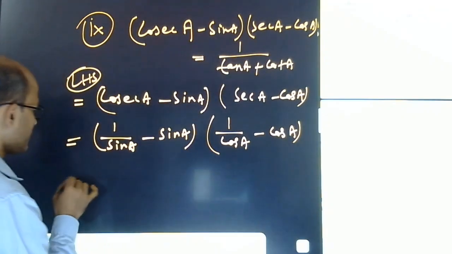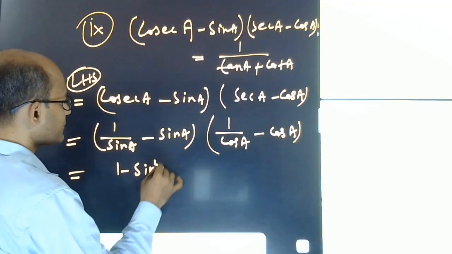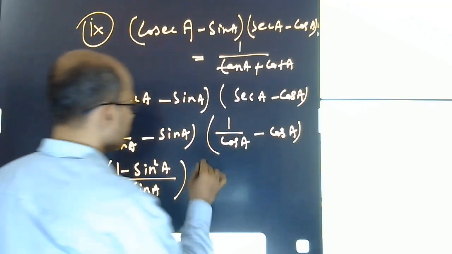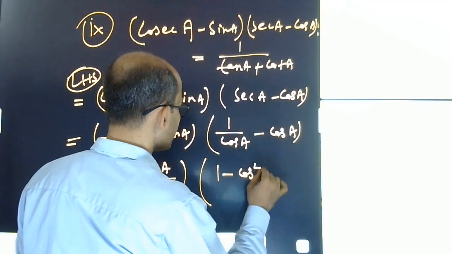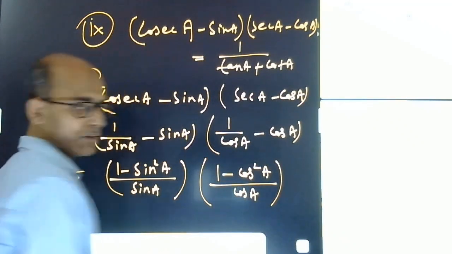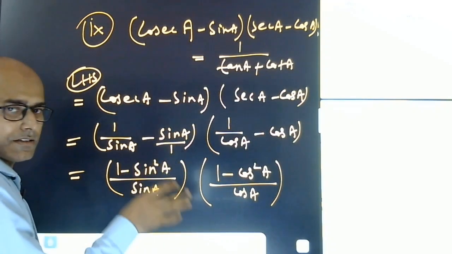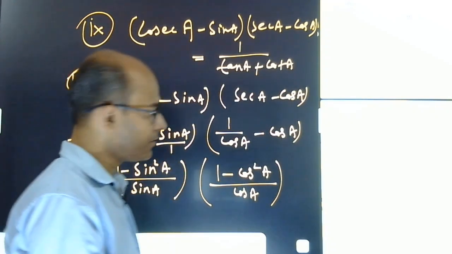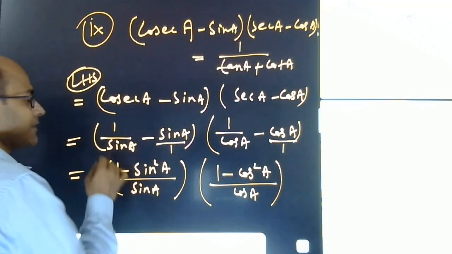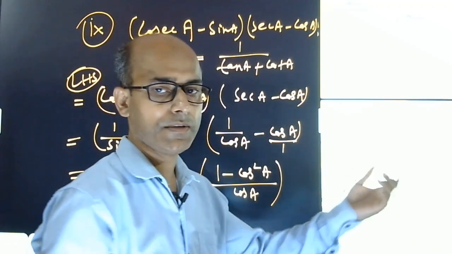You can see that it becomes (1 minus sin square A) divided by sin A, and (1 minus cos square A) divided by cos A. It is very common: if there is nothing in the denominator, you are required to just write down 1. The LCM of 1 and sin A will be sin A, and the LCM of cos A and 1 will be cos A.